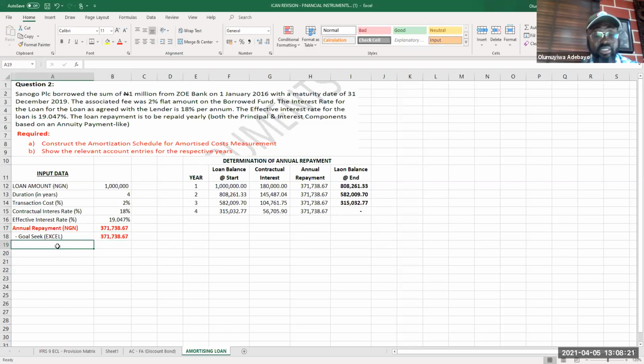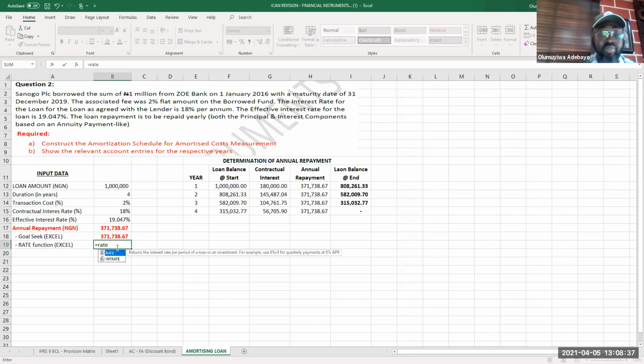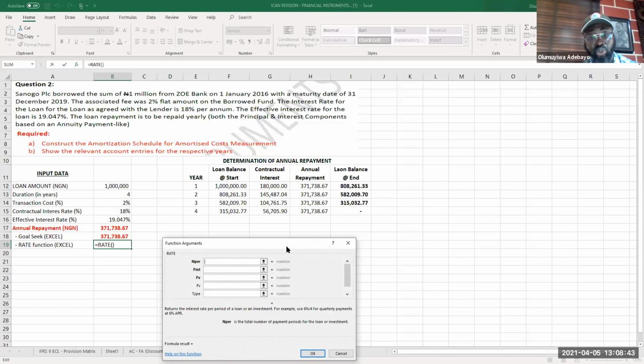I can also get it using the rate function in Excel. What is the rate function? I come here, I say equals to rate, open brackets. With this, I can go to the function bar and click it. It will open it for me, and I will explain it one by one.